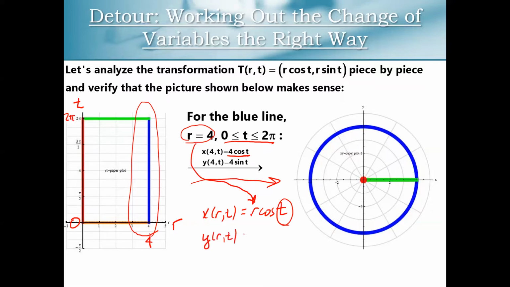Our y of RT is equal to 4 sine t. Imagine plugging in 4 for r and allowing t to vary from 0 to 2 pi. Oh, guys, that's just the parameterization for a circle of radius 4 centered at the origin. So this vertical line in RT space maps into this circle of radius 4 in XY space. We could try a couple more.